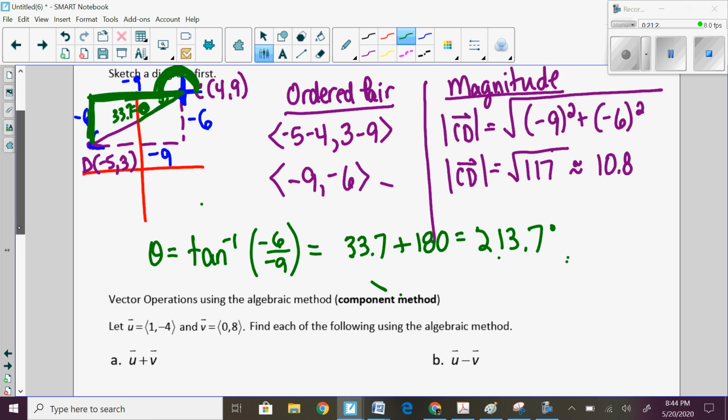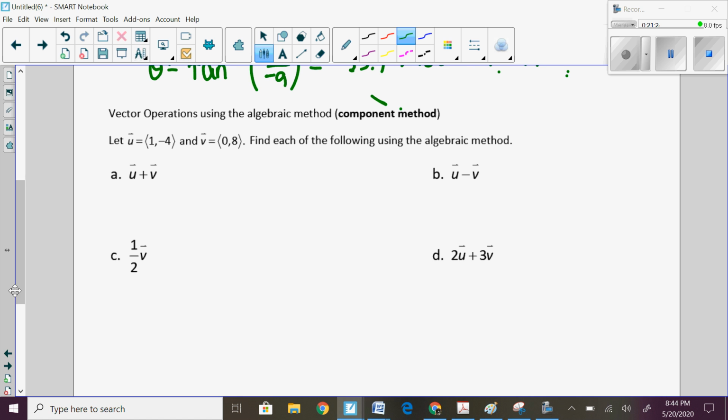All right, last little bit is that we can do all kinds of operations with vectors. Okay, and what's nice is we can do our operations using component form. So, for example, we can add these two vectors to each other. All we're going to do is 1 plus 0, which is 1, and -4 plus 8, which is 4.